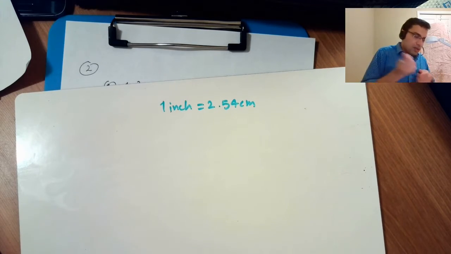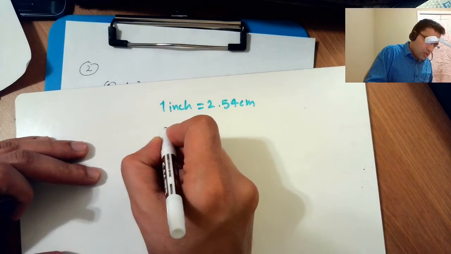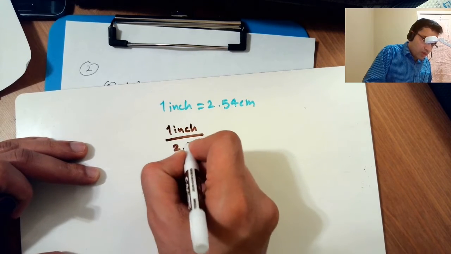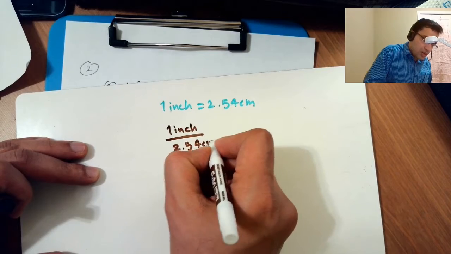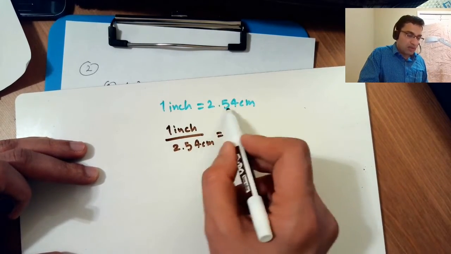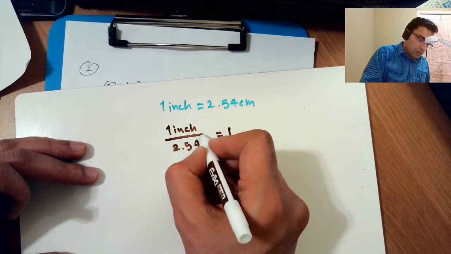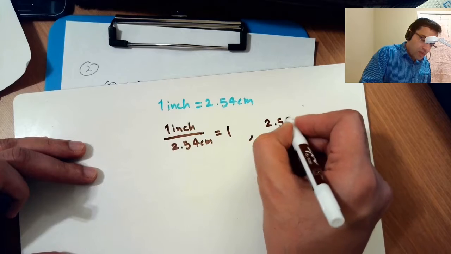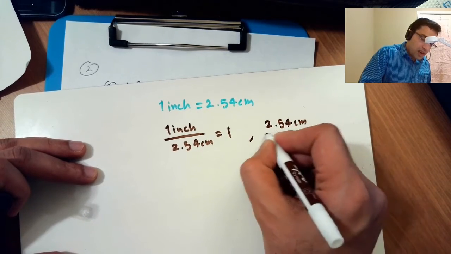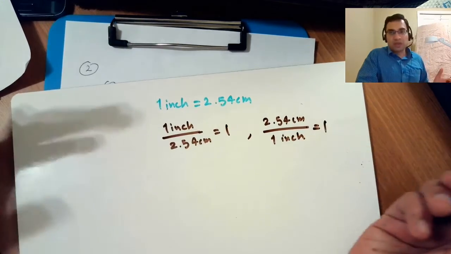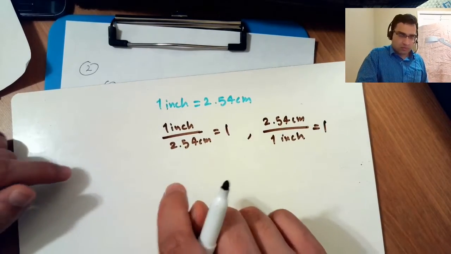So that means 1 inch divided by 2.54 centimeter equals 1, correct? Because we divide both sides by 2.54 centimeter. Also, 2.54 centimeter divided by 1 inch equals 1. Also equals 1, right? This is the reciprocal.